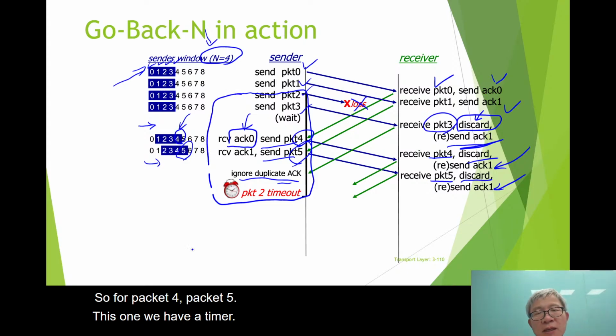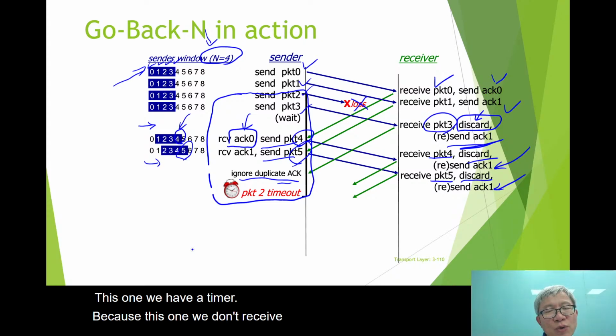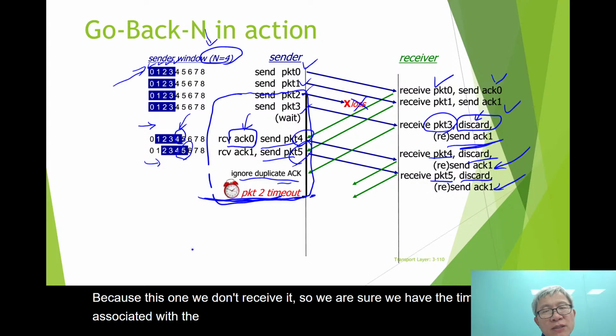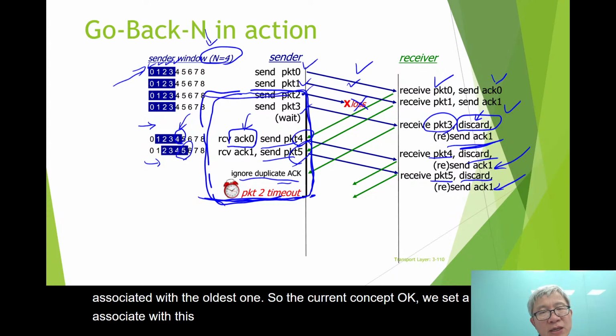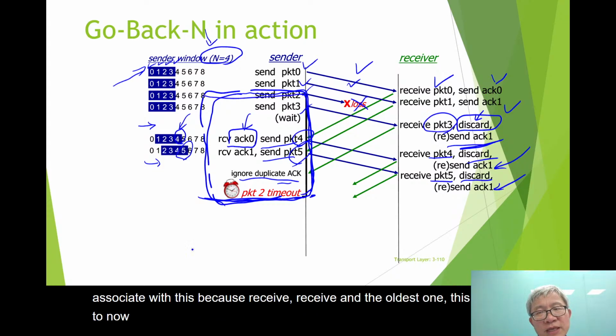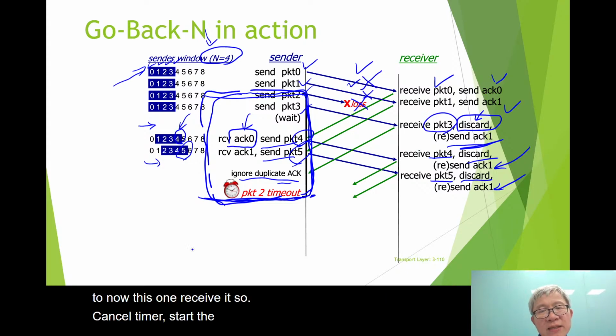Because this one we don't receive it, we assume we have the timer associated with the oldest one. So the current concept: we set the timer associated with the oldest one. Up to now, this one received, so cancel timer, start the timer, cancel timer, start the timer.